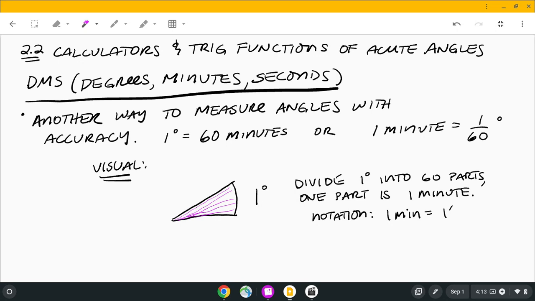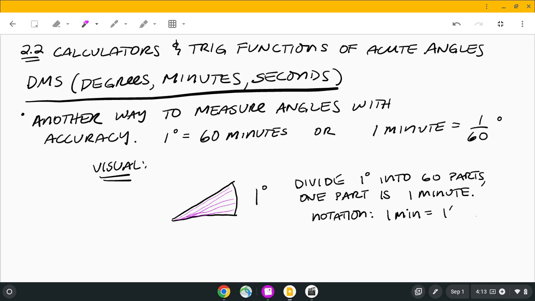One of those itty bitty pieces is 1 minute. So you can see the precision here: when we're measuring in terms of 1 minute, we're measuring to 1/60th of a degree.